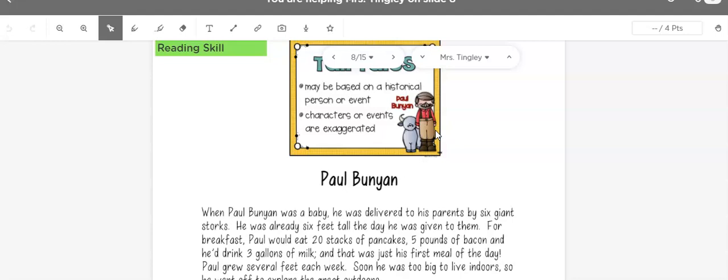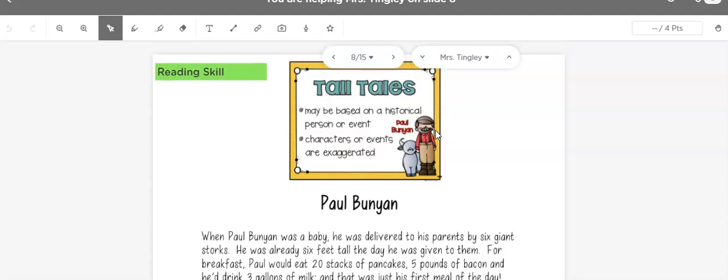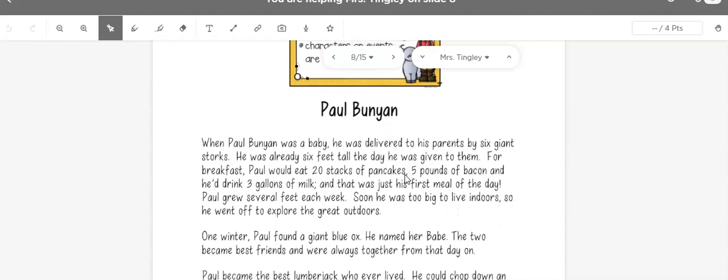Maybe your family has someone in your tall tales that is different, but is historical for your family. And the characters or events are exaggerated. So let's go ahead and read about Paul Bunyan.